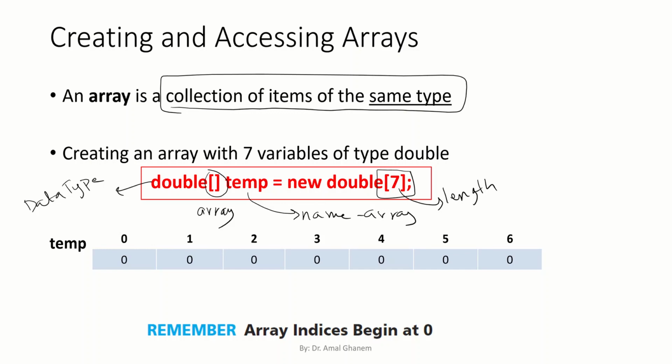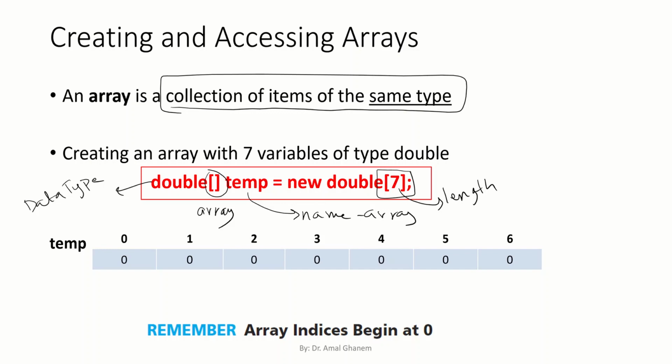So you will notice that if your array is of length 7, it means the last index will be 6. And because this is your first step of declaring an array, we will save the default value inside the array. Because we have double, the default values will be zeros. That's why we see zeros for all of the locations.